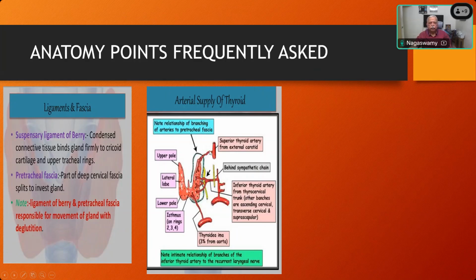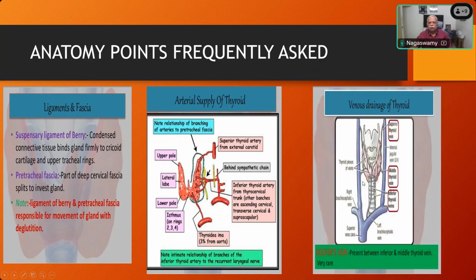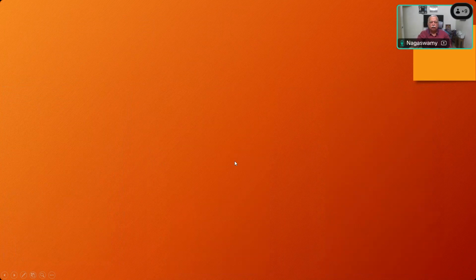You have only a superior and inferior thyroid artery. Whereas the venous drainage, you have three: superior, middle, and inferior. Very rarely you may have what is called thyroid ima artery from the aorta directly. That is only in 3%. Okay, so only 2 arterial supply and 3 venous drainage. That is the important difference that you have to remember.